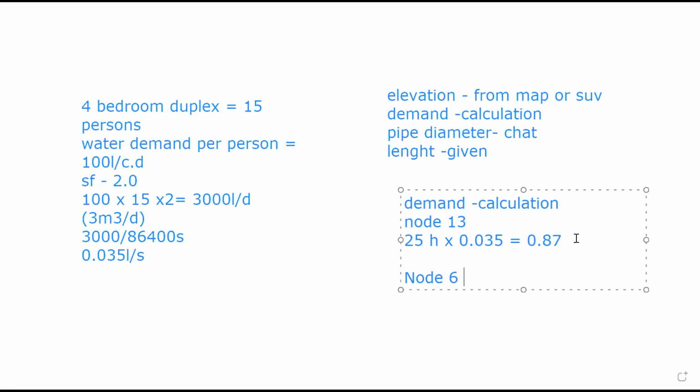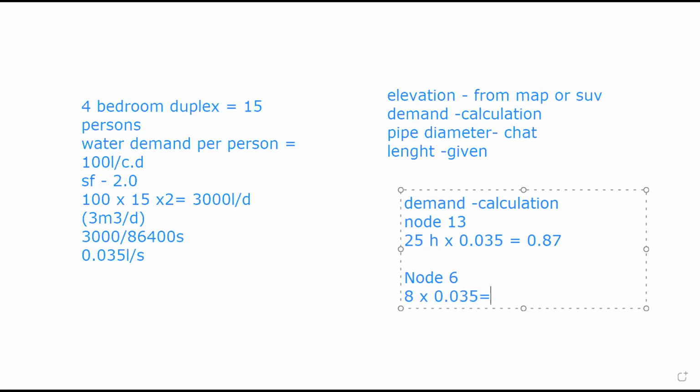So node 6 will be what? 8 houses multiplied by 0.035. That gives 0.28. So can you see? Node 6 is 0.28. So that's the water demand in node 6.